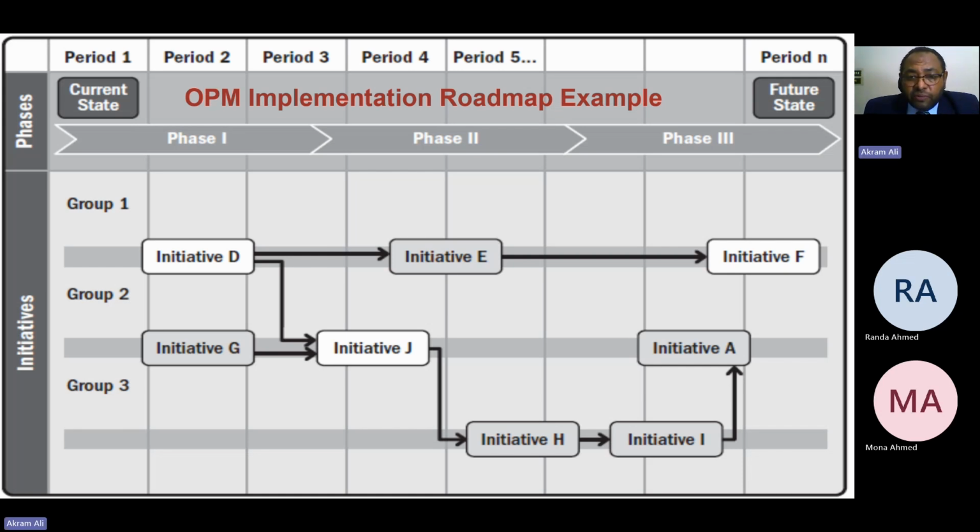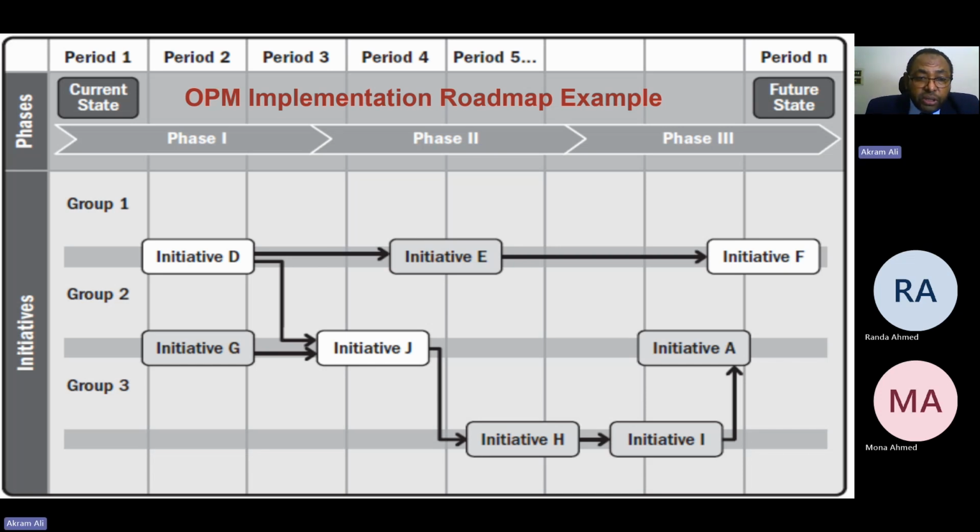So our strategic initiatives might span more than one phase, not just one single phase of strategic implementation. And we have our initiatives, and the groups who are going to implement these initiatives are also defined in the same document or the same plan.